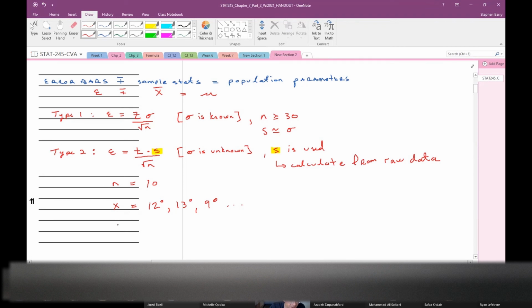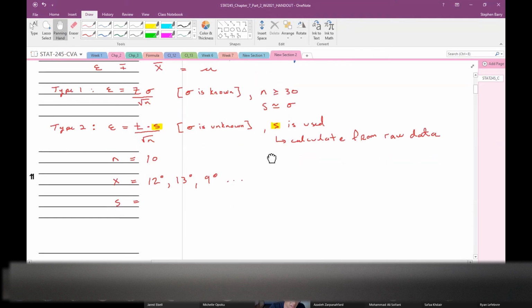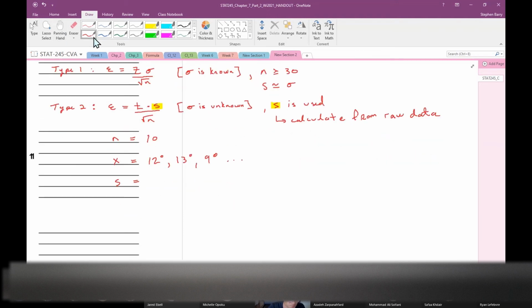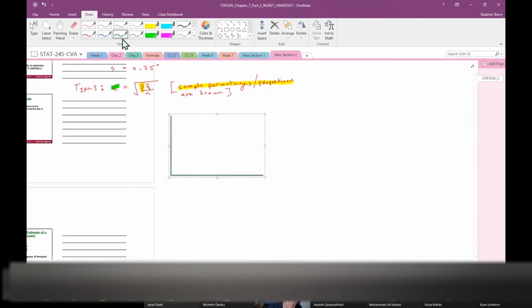And then you use Excel, or just use the formula, and you calculate your standard deviation. Let's say, for the sake of today's calculations, you've optimized your process. Last time we had a standard deviation of 1 or something. Let's say now you get your standard deviation down to, I don't know, 0.75 degrees Fahrenheit.